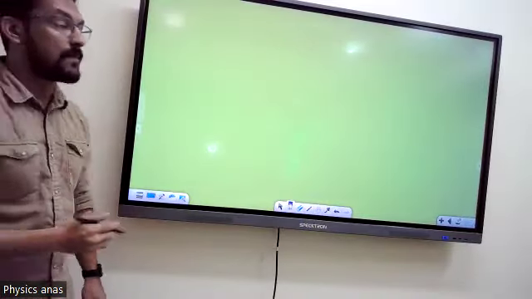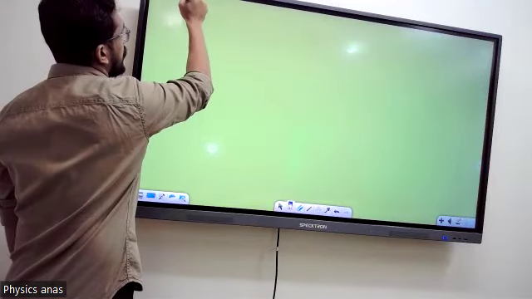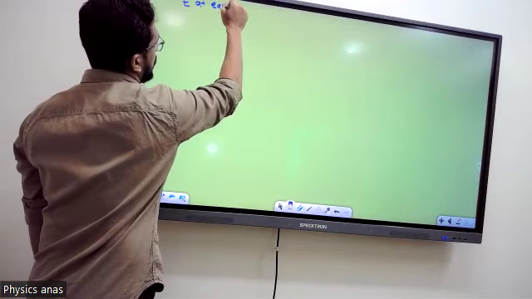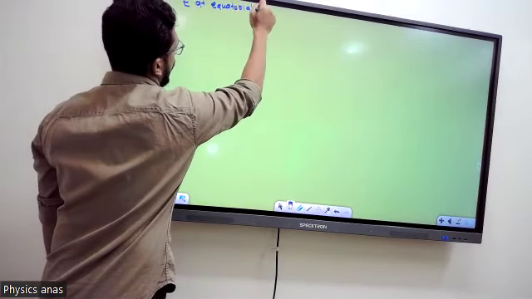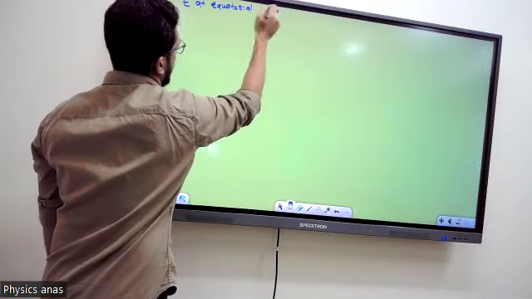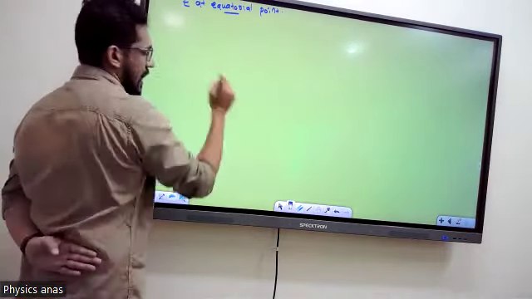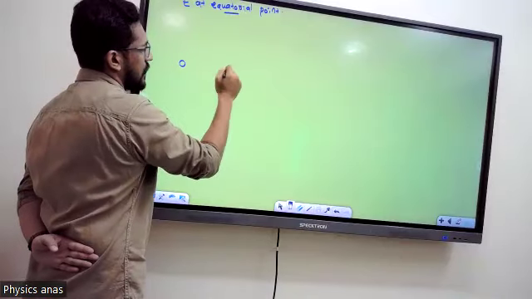Electric field due to a dipole at equatorial point. How can we do this? I will draw a dipole here. This is our dipole.